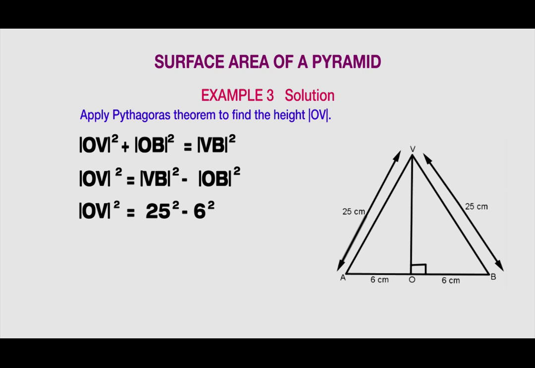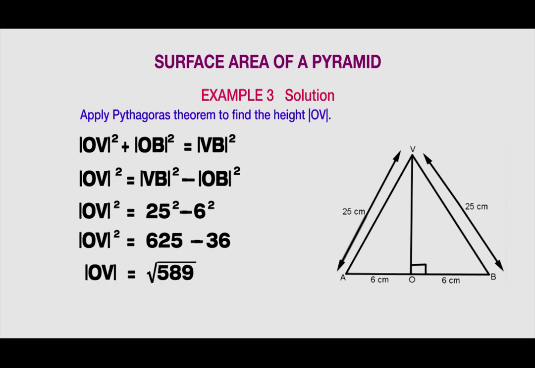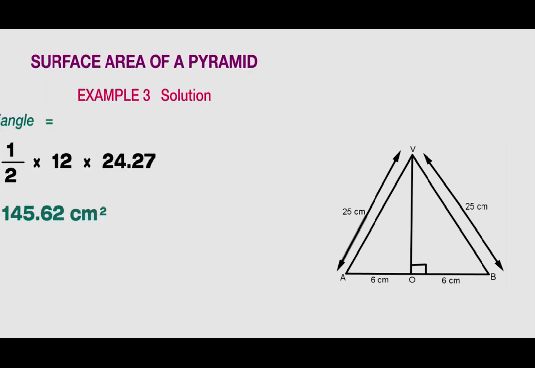And simplifying, we have OV squared equals 625 minus 36. And that will give us OV equals square root of 589. Therefore, the height of OV is equal to 24.27 centimeters.